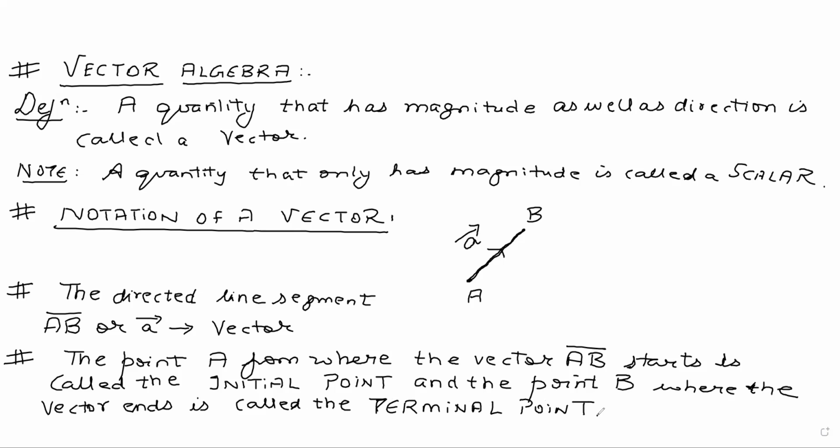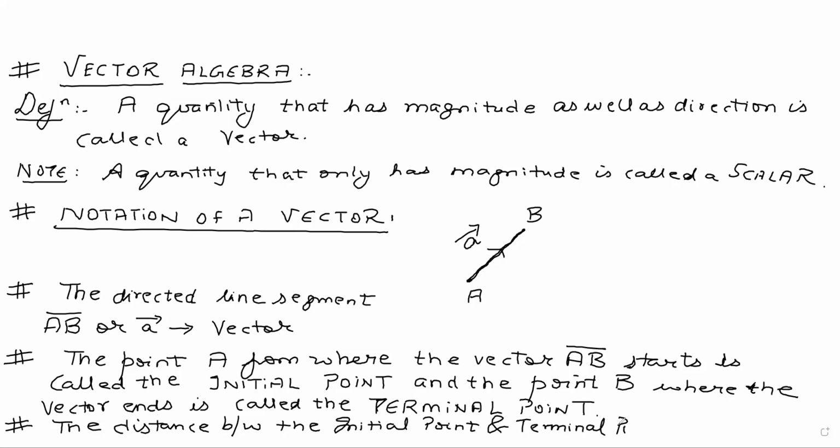Then we can further write the distance between the initial and the terminal point is called the magnitude of the vector.